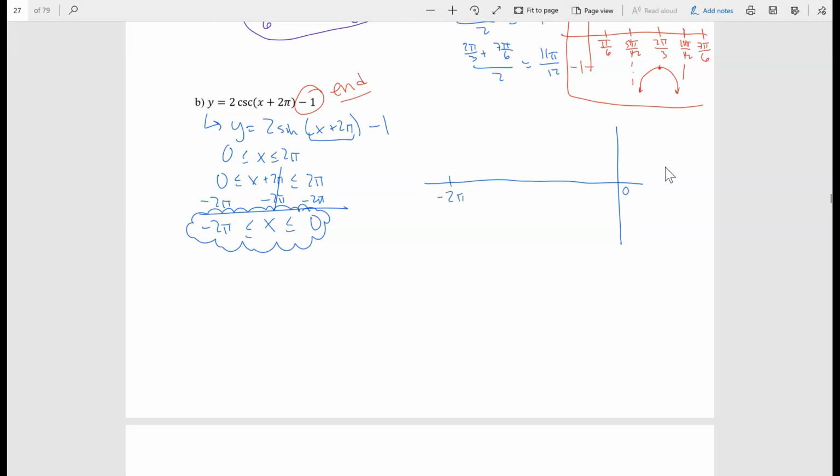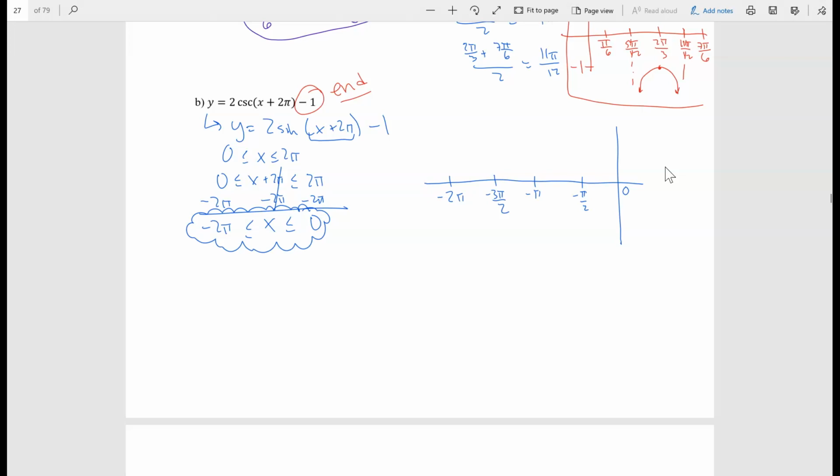Now this is kind of like deja vu, but in the opposite direction. You can think about this as negative pi over 2, negative pi, negative 3 pi over 2, negative 2 pi. So you didn't really need to figure out what the middle points were, because you already knew them, because they're the same as on the positive side.